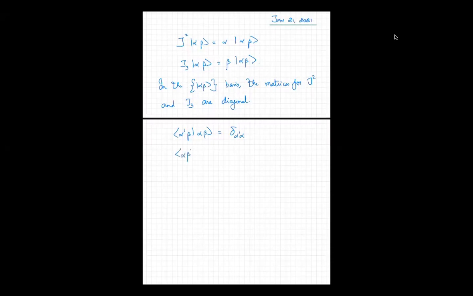And similarly, this should be delta beta prime beta. Okay, so I can combine these two relations and say that these states are normalized in this fashion. Okay, so this is a straightforward application of the fundamental theorem regarding Hermitian operators, that their eigenvectors are always orthogonal corresponding to two distinct eigenvalues.